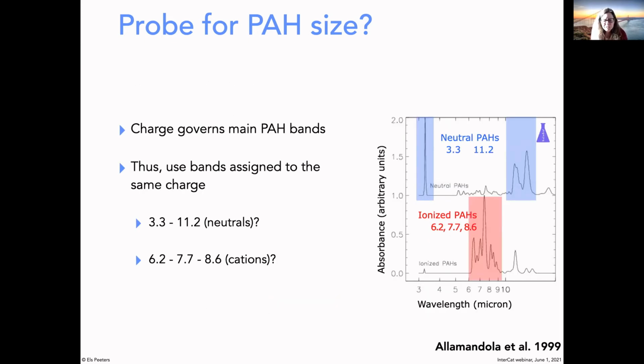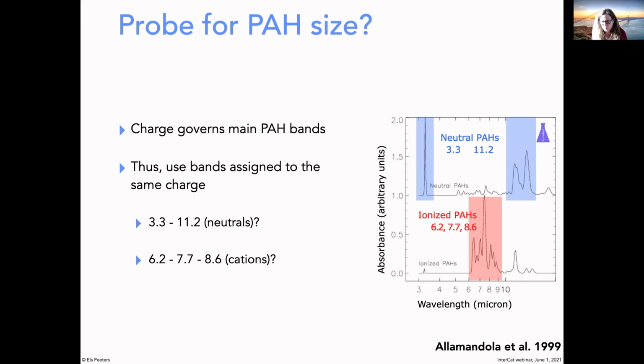However, we have already seen that PAH charge is the main parameter that governs the intensities of the main PAH bands. And so if you want to find a tracer for size, independent of this charge, we need to use bands that are assigned to the same charge state.